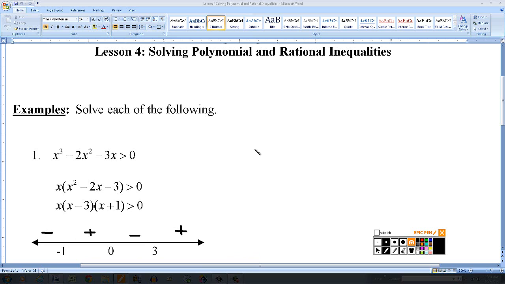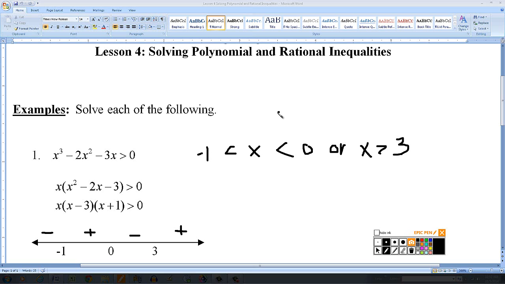So that would mean then that if I use the x to denote the solution, then x would have to be greater than -1 but less than 0, or x would be greater than 3.